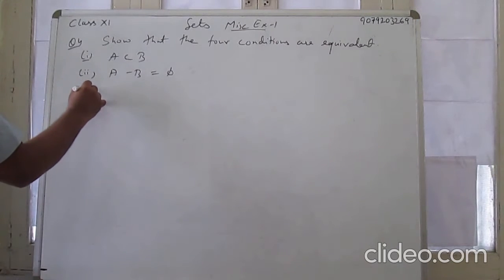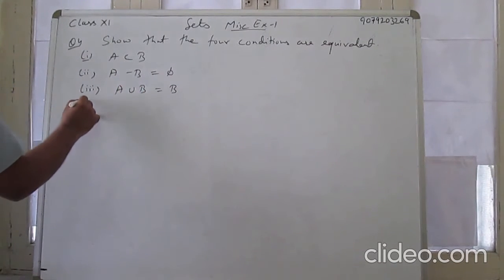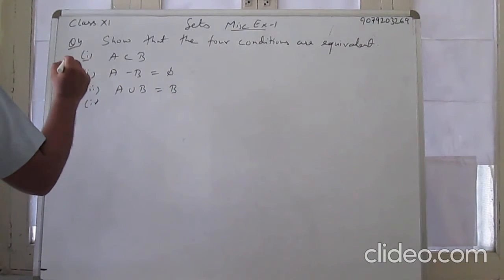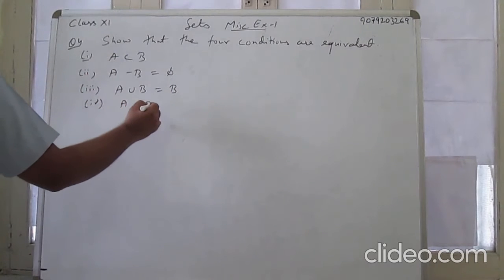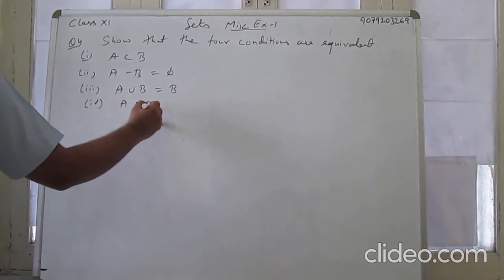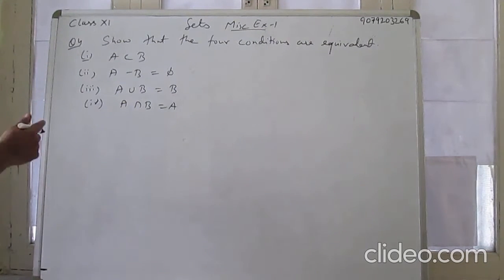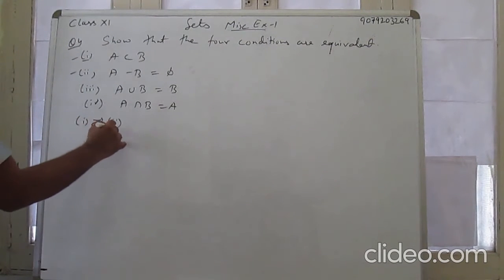Third, A union B is equal to B. Fourth, A intersection B is equal to A. Now I will take the first two. First implies second and second implies first.